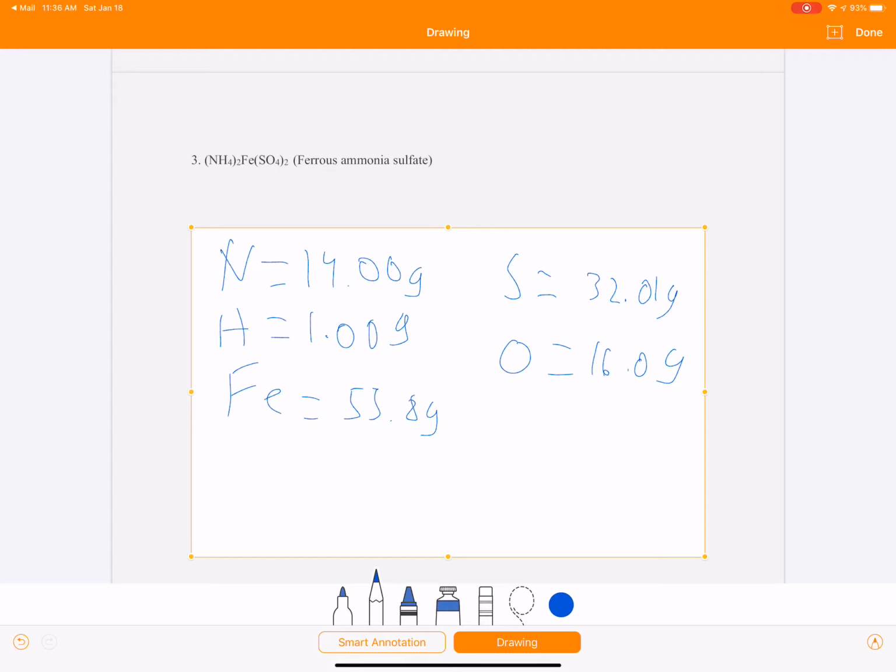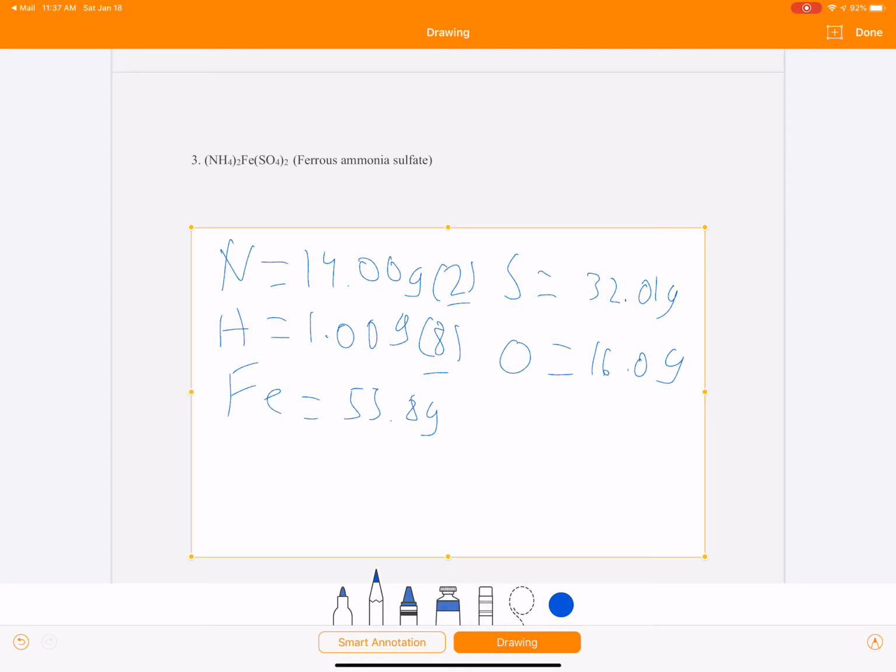So we need to do our math here and find out how many atoms of each element we have in the compound. So nitrogen, you can see there are 2 ammonium groups, and each one has 1, so this is going to be times 2. Then hydrogen, there are 4 in ammonium, and there are 2 ammonium, so that's 8.